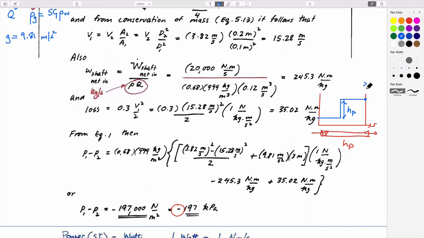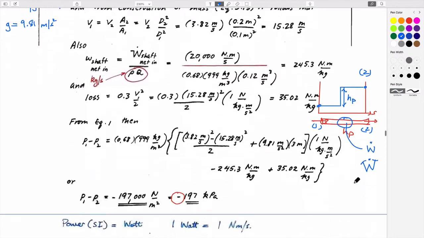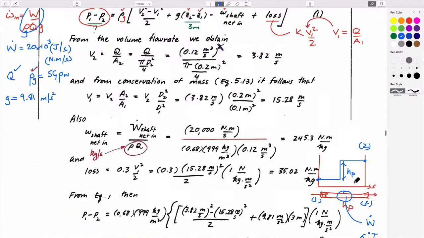So this is point 2 downstream, this is point 1 which is upstream, and so not surprisingly this pressure here is lower than this, and so when you subtract one from the other you get a negative value. So in other words, this would not flow. It only flows because you're putting some energy into the system, which is this amount that goes in here. Whether it's lowercase w or uppercase W, it's just a different way of writing it. Okay, so those are the solutions.